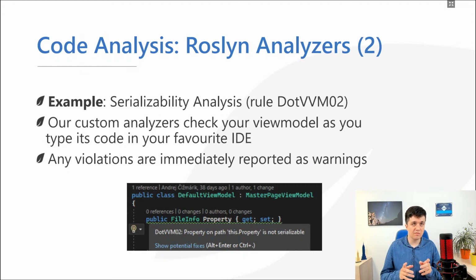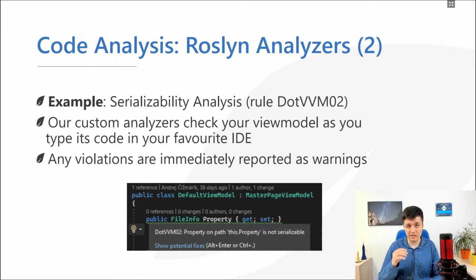We can pretty easily distinguish whether you are writing a view model or not, because all view models, as we know, need to inherit from an existing view model or implement our .vvm interface. So we find all your view models and then go over its properties.